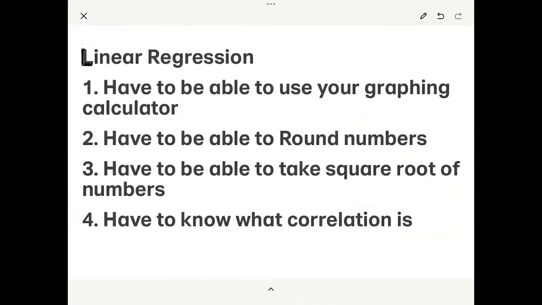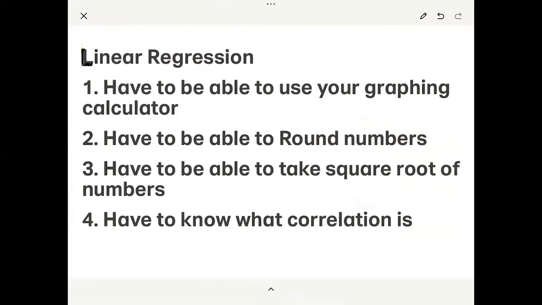So here are the things that you need in order to do well with linear regressions. First of all, you need to know how to use your graphing calculator. There is almost no way to come up with a linear regression unless you use your graphing calculator. So I'm going to show you how to do that.